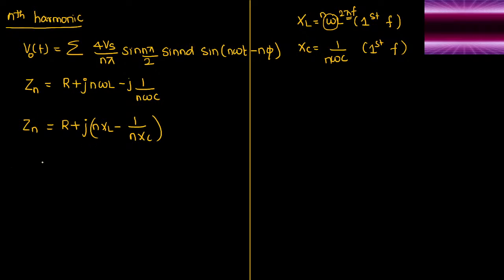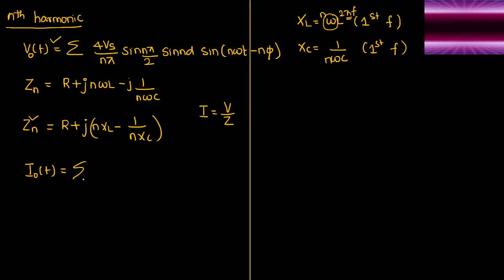Sir, now everything is fine. How can I write the expression for the nth order harmonic output current? According to Ohm's law, I can simply write I equal to V upon Z. Just substitute it. We know the expression for voltage, and we also know the expression for the nth order harmonic impedance.